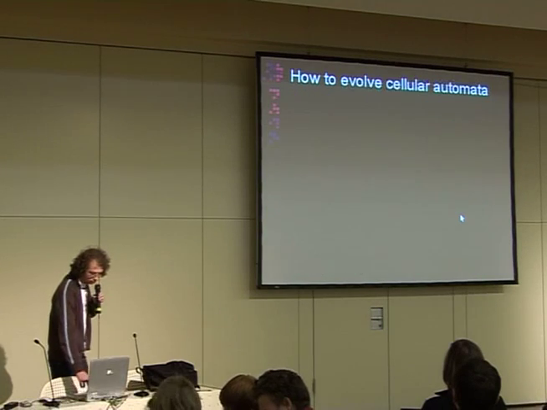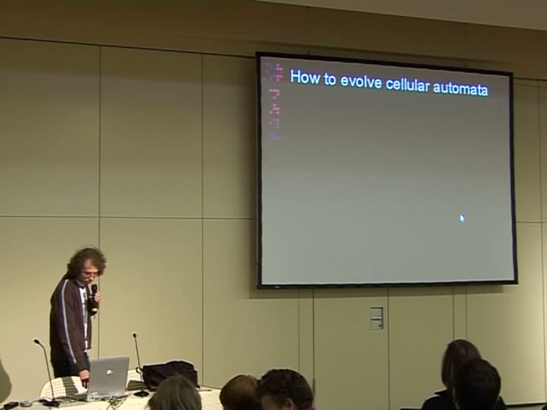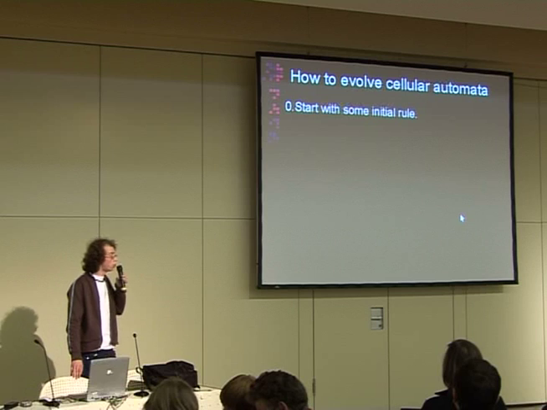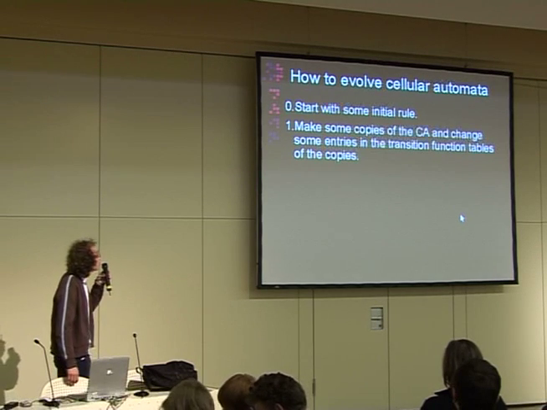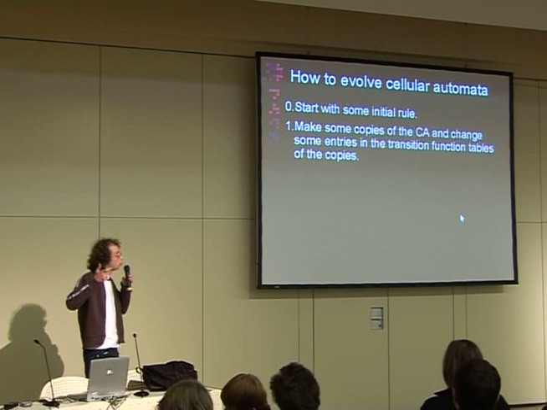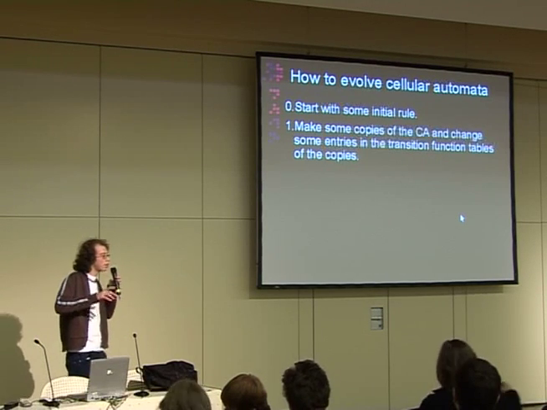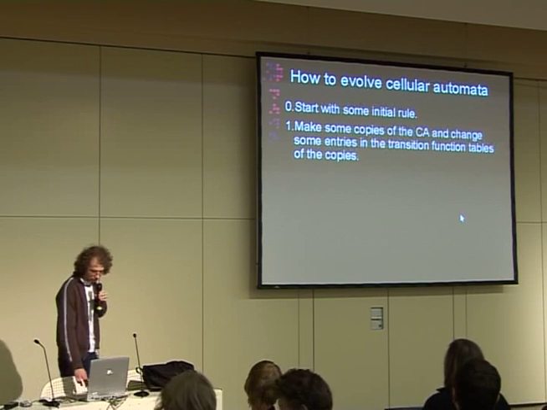Here's an idea: we could evolve them. This is an algorithm I would propose. We start with some initial rule, then we make some copies of this initial rule and just change some entries in the transition function table that I've talked about before.